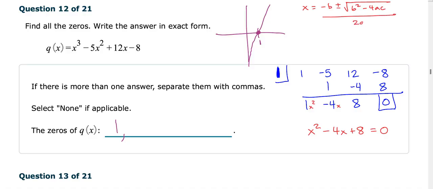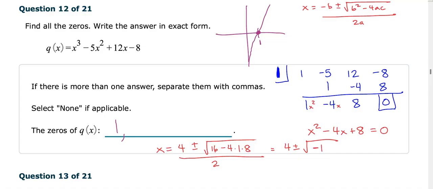So here we go. x equals negative b, so 4, plus or minus the square root of b squared, negative 4 quantity squared is 16, minus 4 times 1 times 8, all over 2 times 1. So I get 4 plus or minus the square root of 16 minus 32. 16 minus 32 is negative 16.